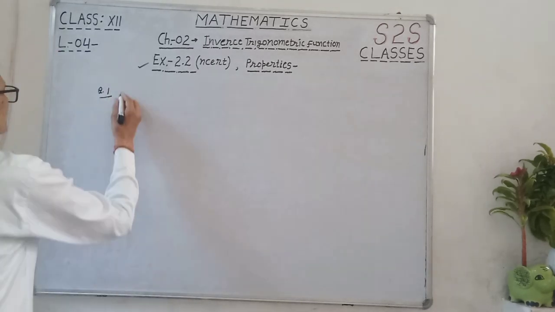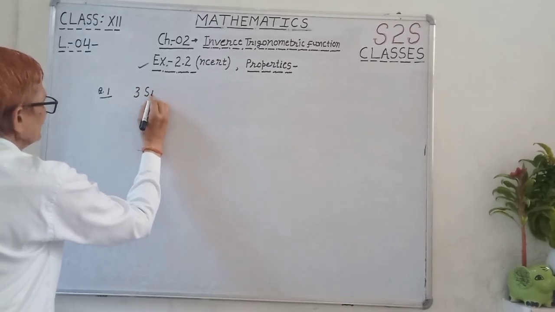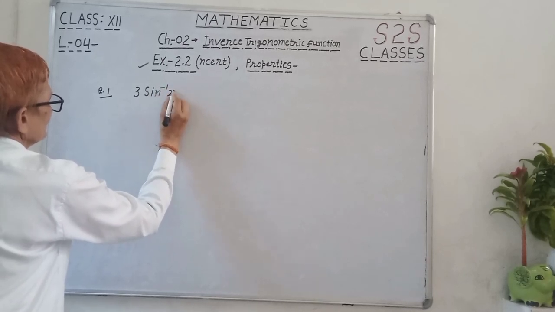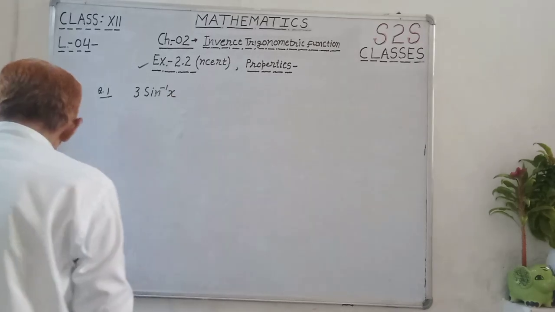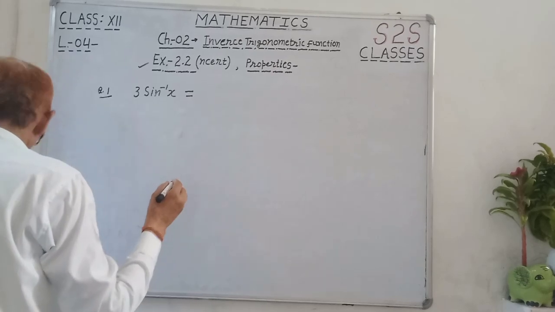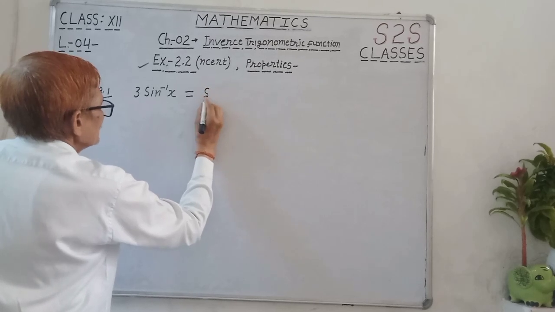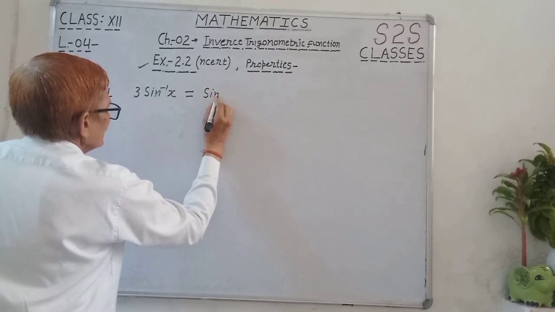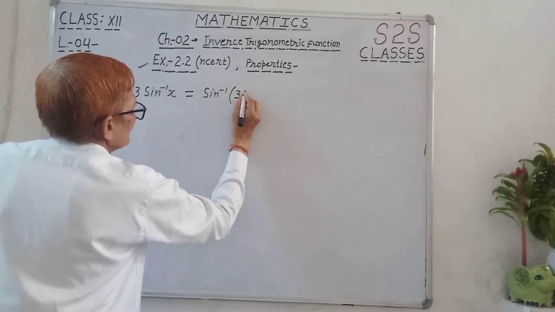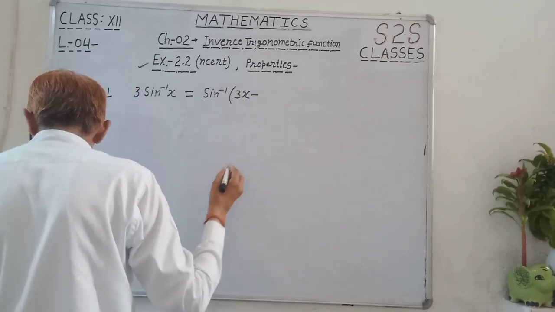Prove the following: 3 sin inverse x is equal to sin inverse of 3x minus 4x cube.